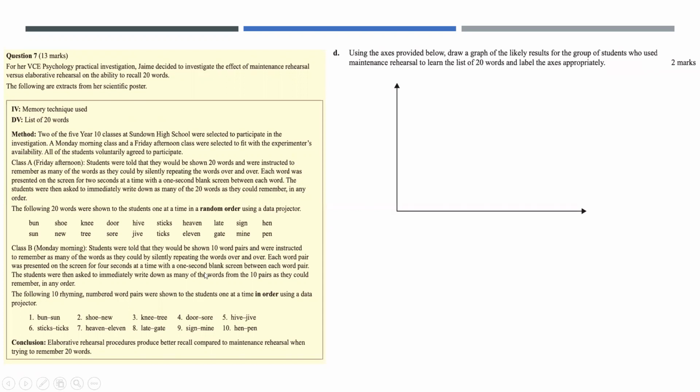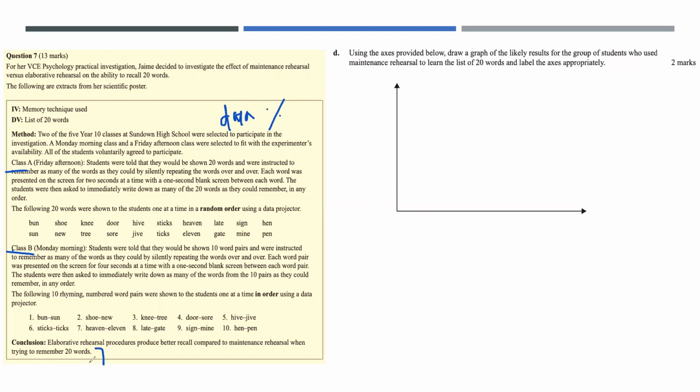Again, you notice in this scenario, even though it's a huge scenario with a lot of information in it, it doesn't have any actual data, such as the percentage of students who had recall for the first few words in group 1 in class A compared to class B. There's no actual data there.